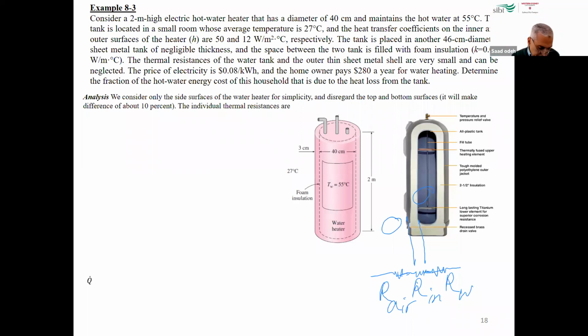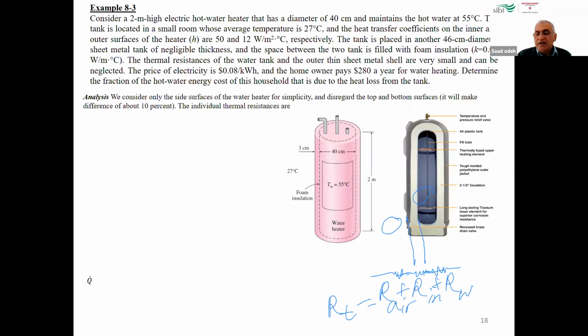Let me put on the headphone because you can hear me better. The R total here, as Faisal said, is the summation of these three R's, correct?